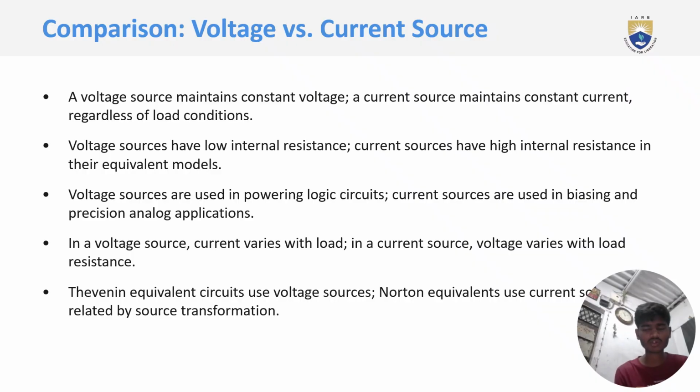Current sources are used in biasing and precision analog applications. In a voltage source, current varies with load. In a current source, voltage varies with load resistance. Thevenin equivalent circuits use voltage sources. Norton equivalents use current sources, related by source transformation.